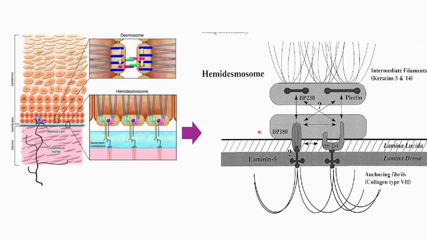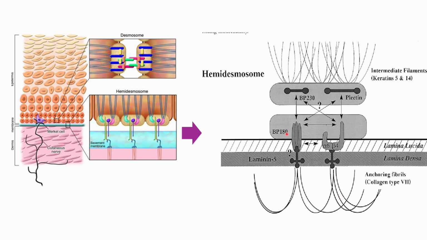And this is the ultrastructure of the hemidesmosome, which has a function to attach the keratinocyte to the basement membrane. You can see the hemidesmosome is composed of different structures as well, including BP230, BP180, laminin 5, alpha 6, and beta 4, as well as some anchoring fibrils, which are composed of collagen type 7.